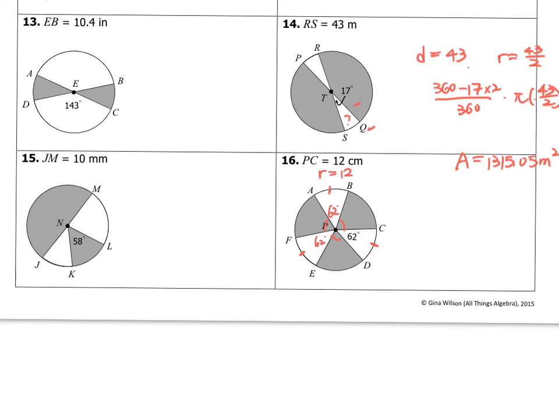So now I can calculate: 360 minus 62 times 3 gives me the sum of the three angles in white. I put that over 360 to give me a percentage, times pi r squared, where r is 12. That's the setup. Your final answer is 218.65. Okay, that's it for this section.